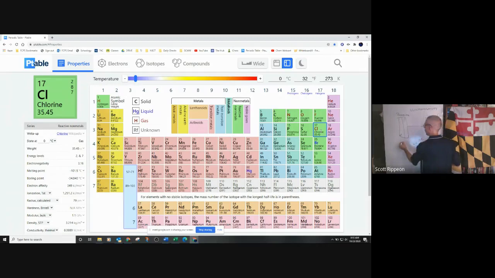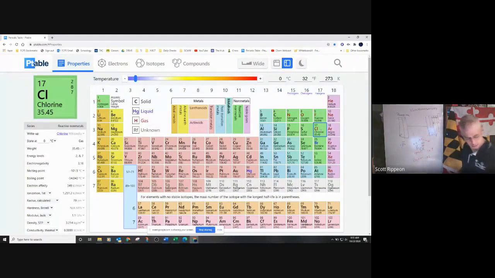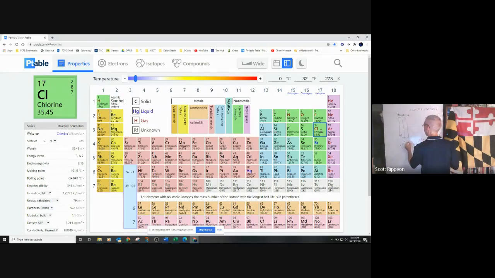Chlorine is over here, P5, so it has the 2 in the S and the 5 in the P, which is 7 dots. And we're going to need another chlorine and another chlorine to make this full.